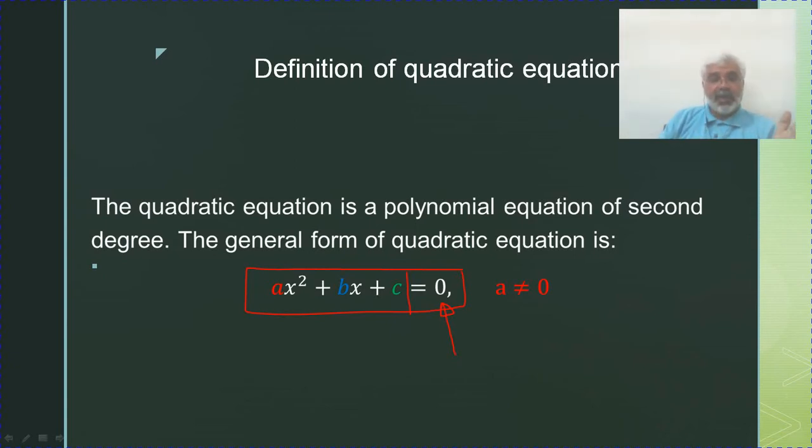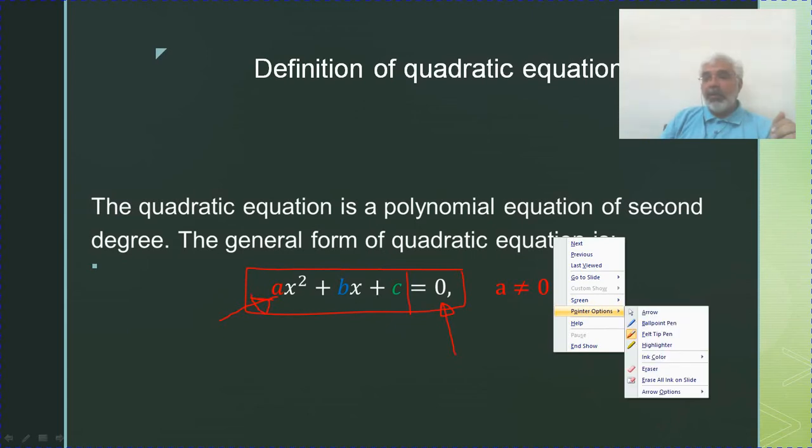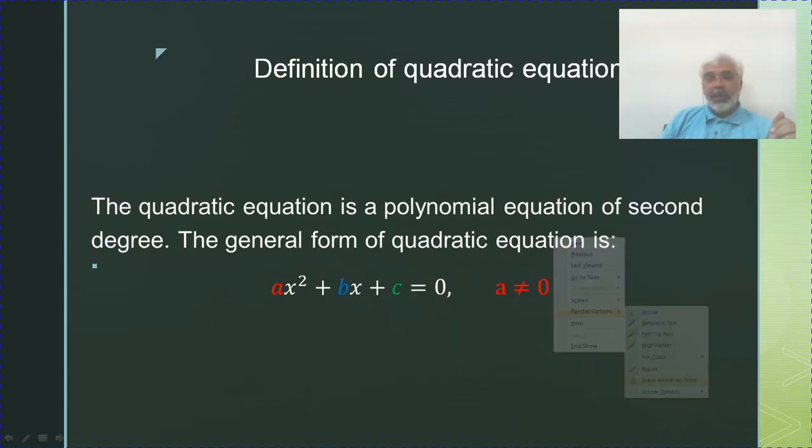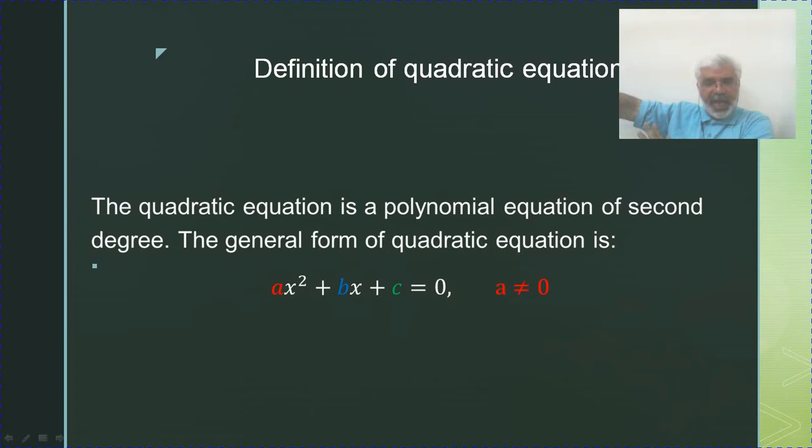Also a, the coefficient of x squared, is not allowed to be 0. Those are the conditions. A should not equal 0, and the right-hand side just has 0. Okay? Let's proceed.